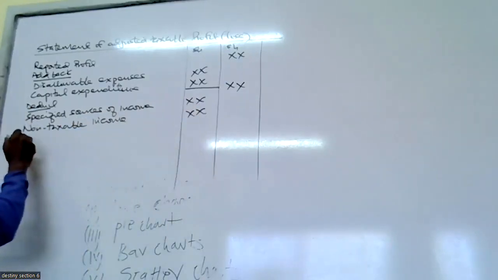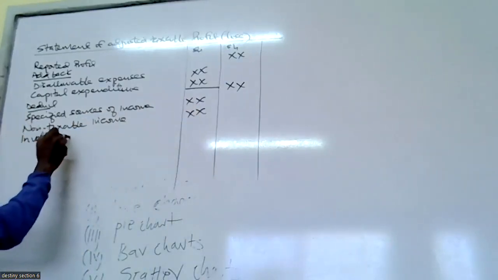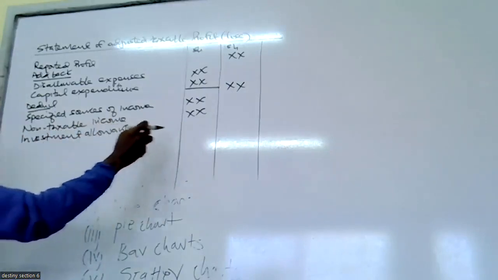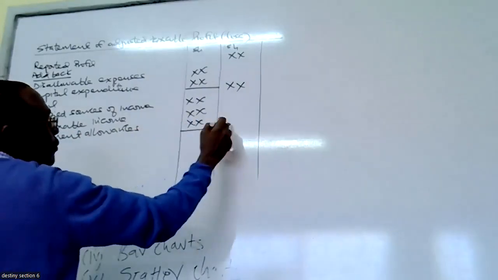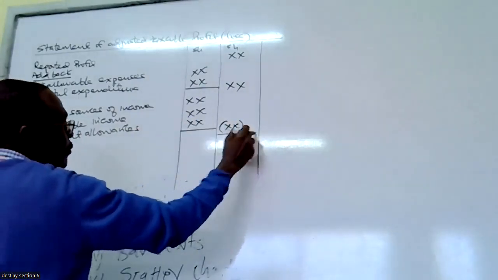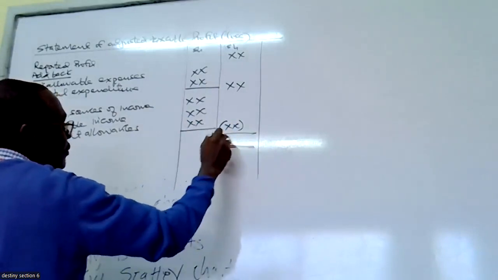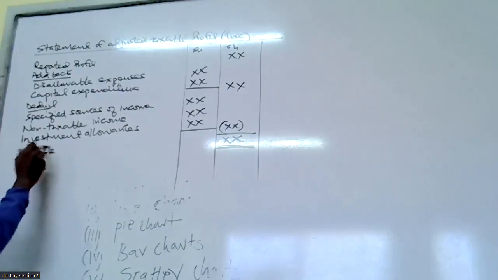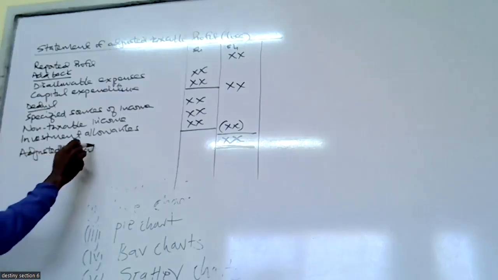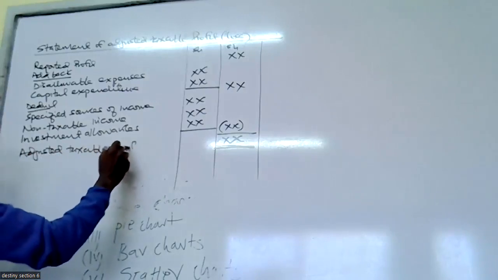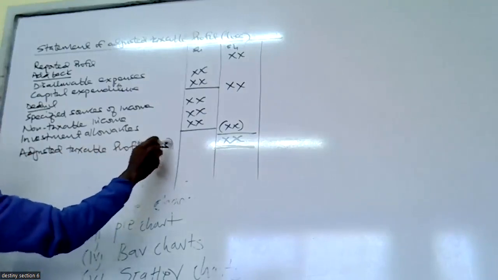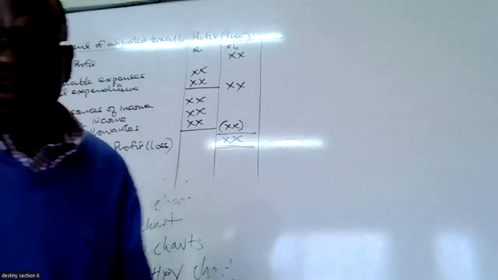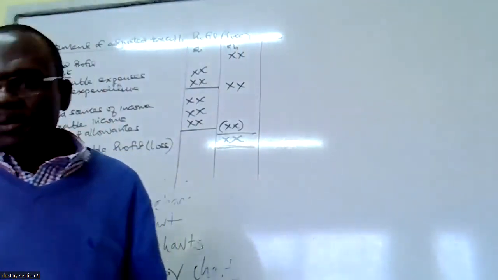Then you deduct investment allowances. The total of that is what we call adjustment. Okay, so that is now profit for tax purposes.